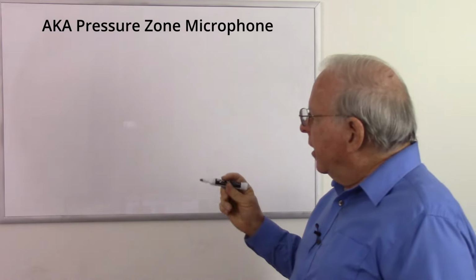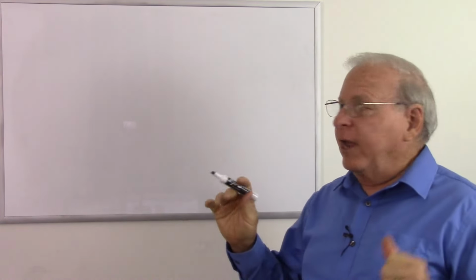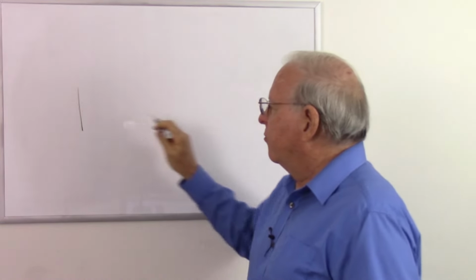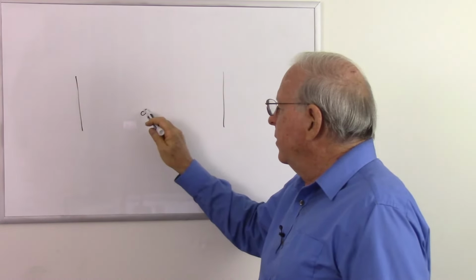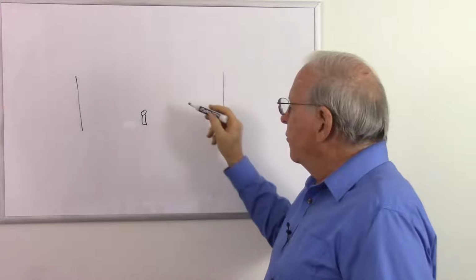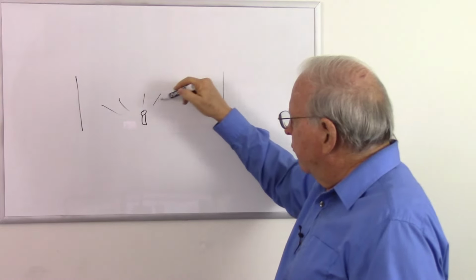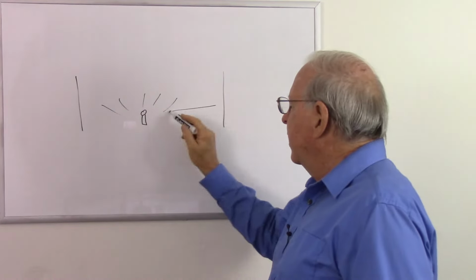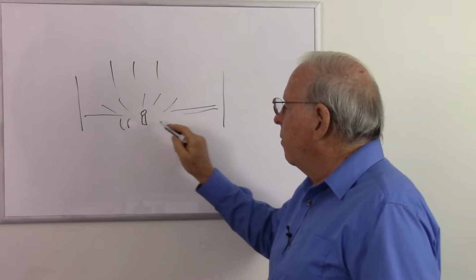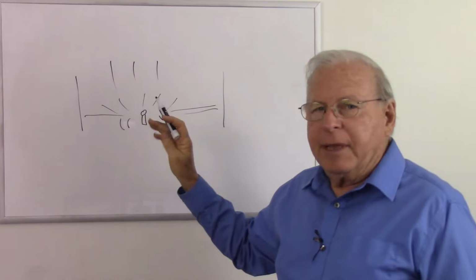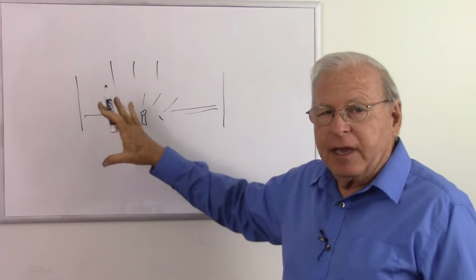And the idea here is, well, let's first of all just use a regular microphone. Let's say we're in our concert hall or wherever our other venue is, and here's our microphone. It's going to pick up sounds from our instruments, and it's also going to pick up reflections off the walls and off the ceilings and off the floor. And all those sounds are going to come in at different phases because of the delay.